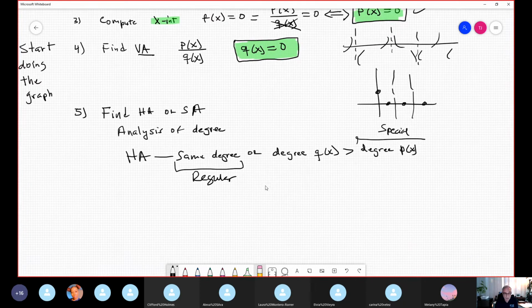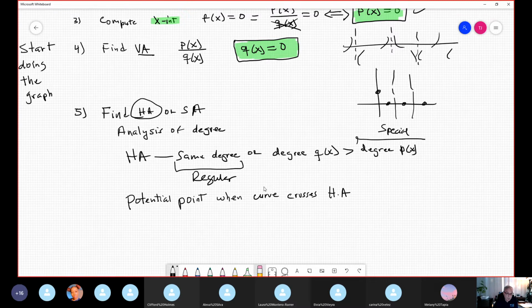Now, it's important, don't forget, at this moment determine if the curve crosses or not the horizontal asymptote. So determine the potential point when the curve crosses the horizontal asymptote.